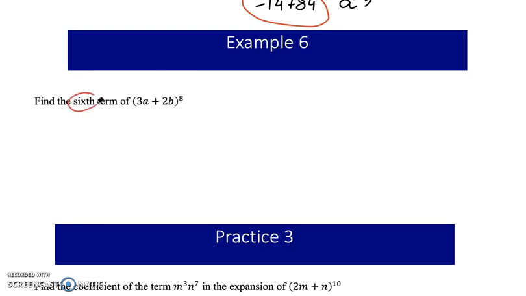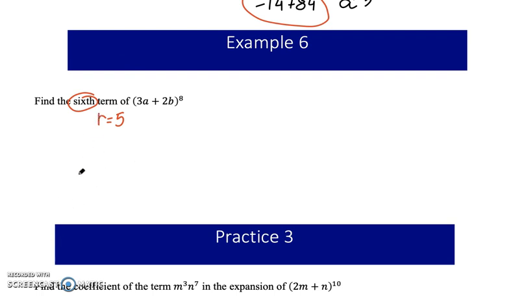And finally, let's look at a tricky one where we're asked to find the sixth term. Now, the sixth term, as you remember, is the one in position 5. So r equals 5. Remember, the positions are not numbered 1, 2, 3, 4, 5, but they're numbered 0, 1, 2, 3, 4, 5, 6. So the sixth term will be the one in position 5.